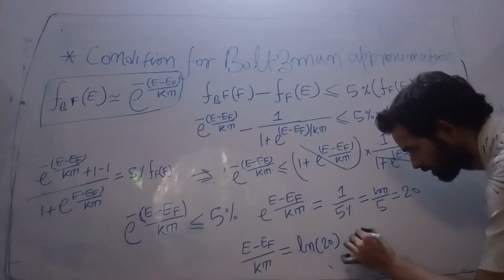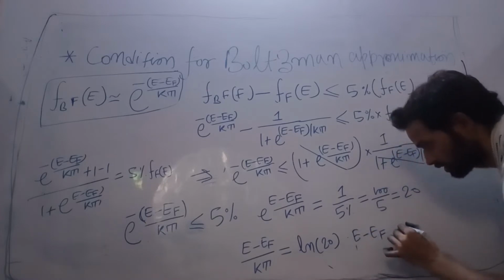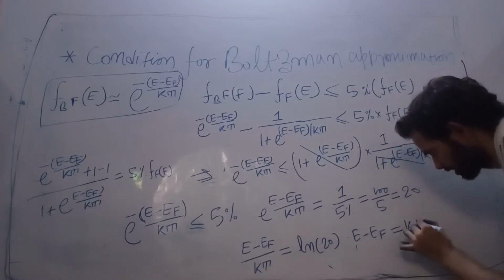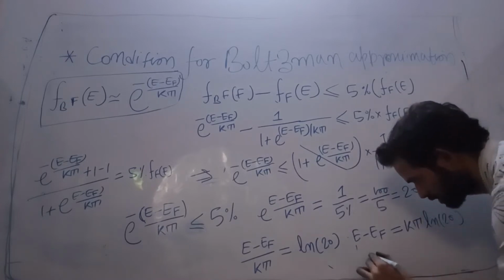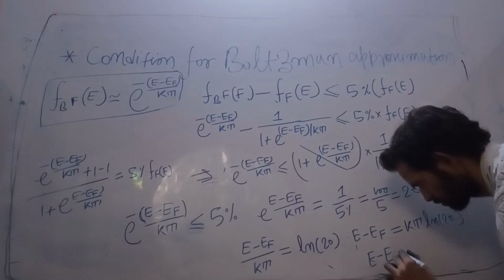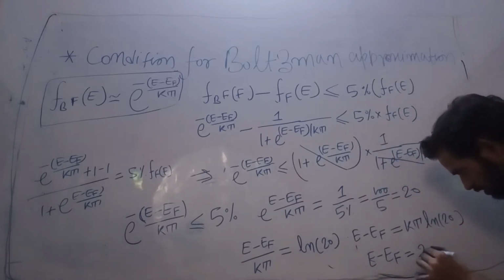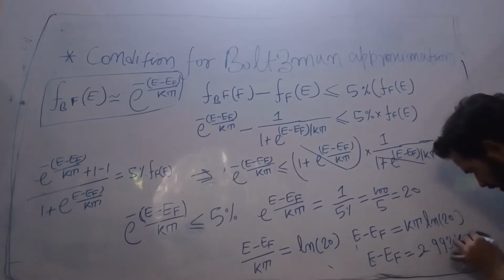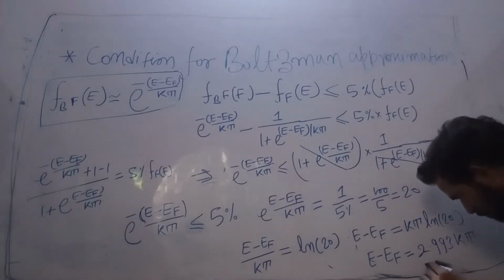Now E minus EF is equal to kT ln 20, which is 2.993 kT, approximately equal to 3 kT.